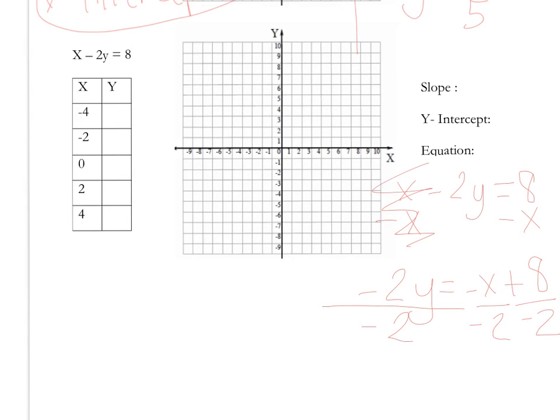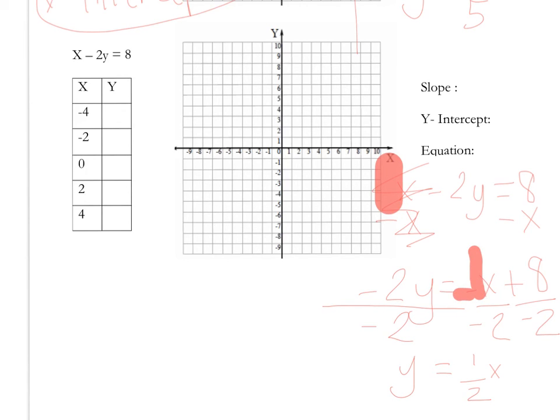So my equation is y equals 1 over 2 x. Where'd the 1 come from? Well, when you see the original x, we just had x minus 2y. What you can do is put a 1 in front. And now we have a -1 right here.